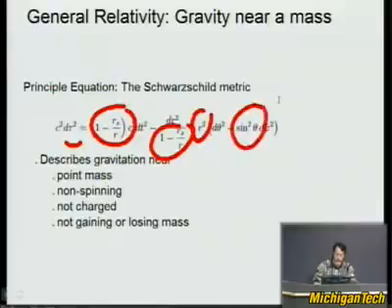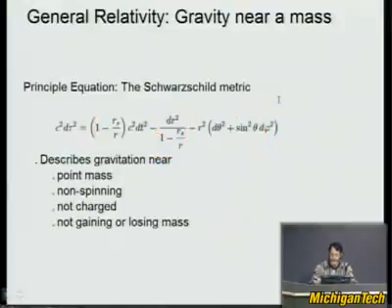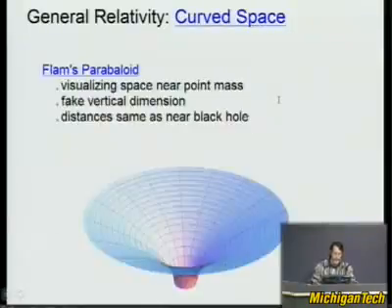So this is actually the solution for the way space and time curve around a point mass. This point mass is not spinning, it's not charged, it's not gaining or losing mass. It's just sitting there. It's the simplest case, but there's really cool stuff that happens even with this simple case. So let's review some of that.